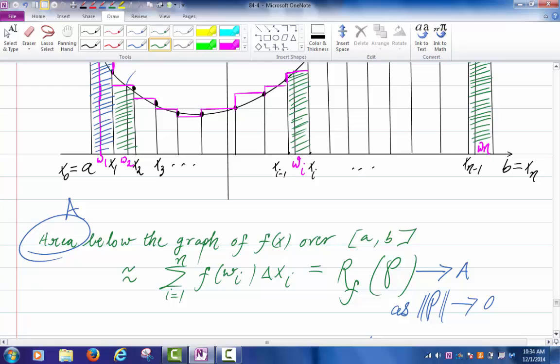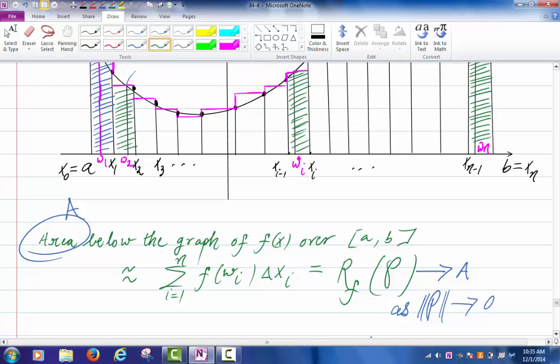The mesh is going to 0, right? The more partition points you pick, the smaller the lengths become. More partition points will mean less mesh. So as you pick more and more partition points, your mesh gets closer and closer to 0. And as your mesh gets closer to 0, these rectangles are becoming narrower and narrower, and you're getting a better and better approximation of the area below the curve.